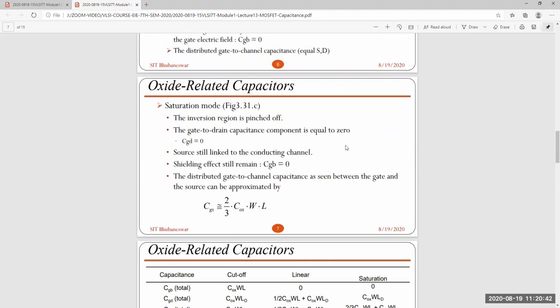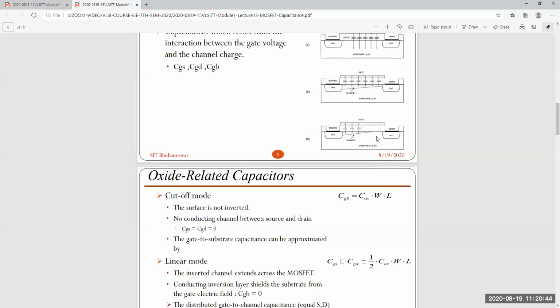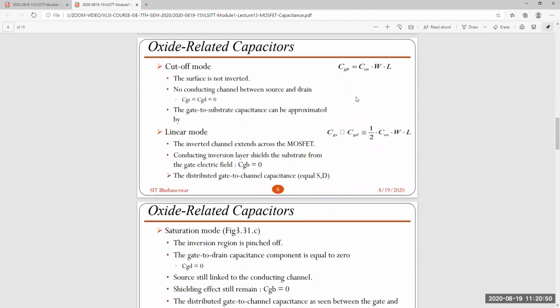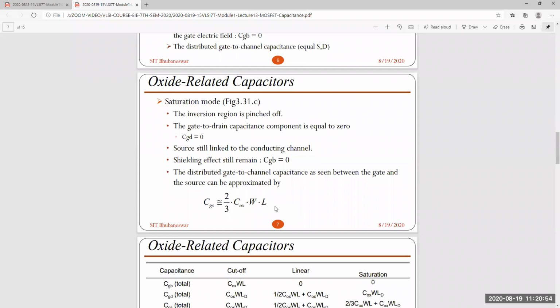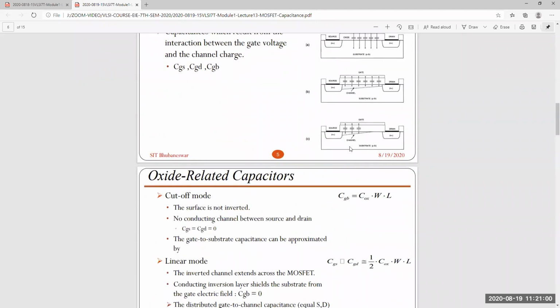But in the saturation, there is no channel on the drain side, so this capacitance CGD is 0. But due to the source side, this is approximated as 2/3 Cox WL. Means if suppose this is total 3 parts, then 2/3 parts of capacitance will be here, and another part is 0.